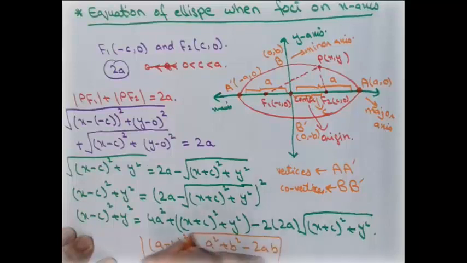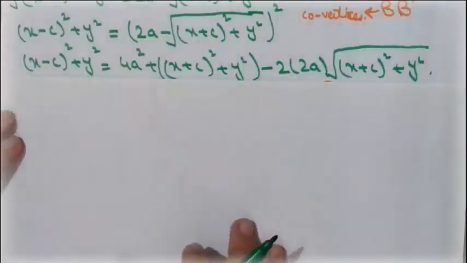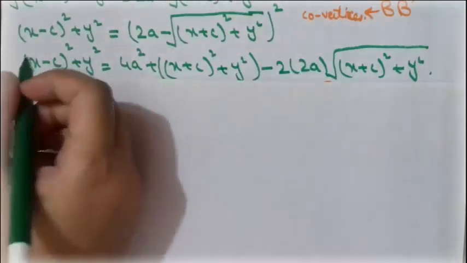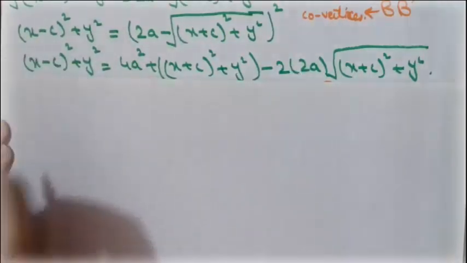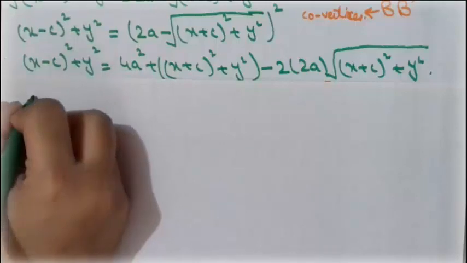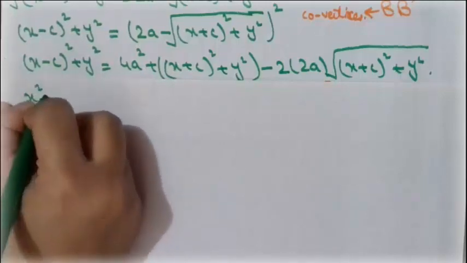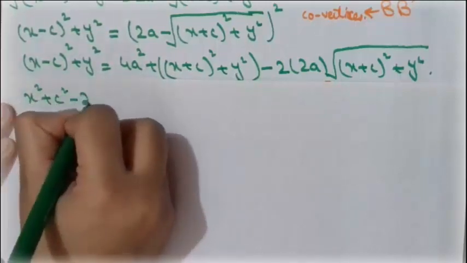So we use this formula over here. In the next step we just simplify here and open the square of this factor as well. So it will be x squared plus c squared minus 2cx.